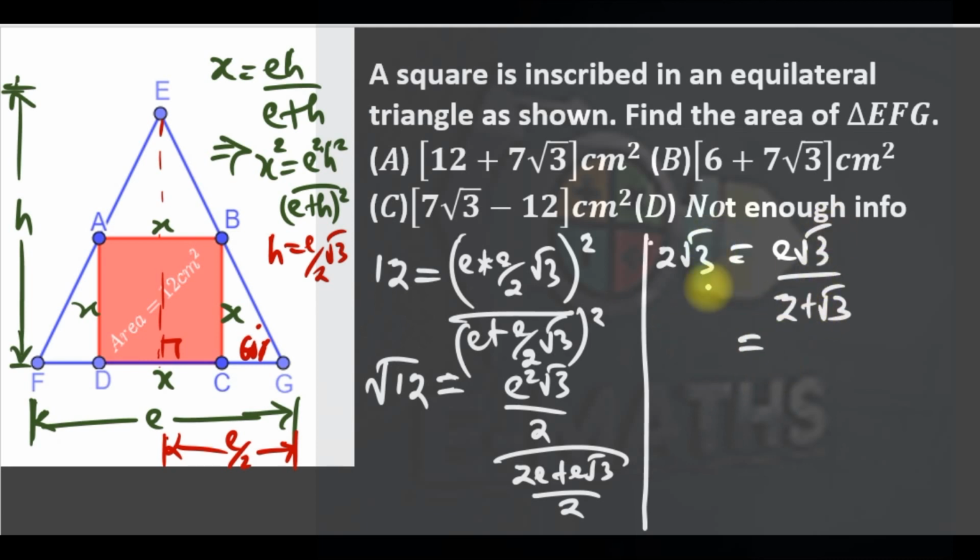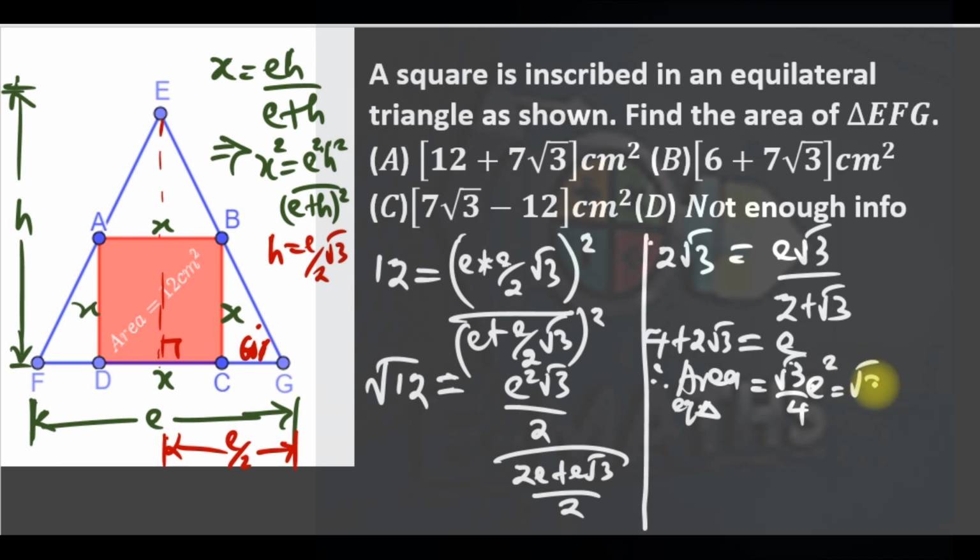So we have this time that 2 times 2 root 3 is 4 plus 2 root 3 is equal to E. So the side of this equilateral triangle is E. Therefore, the area of any equilateral triangle is always root 3 over 4 E squared, which is root 3 over 4 times 4 plus 2 root 3 all squared.